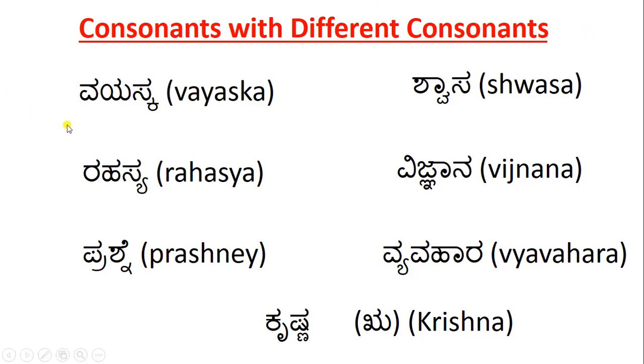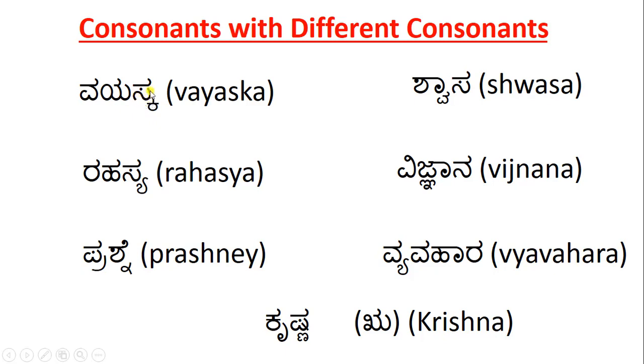The first example is Vayaska. Writing Vayaska is like this: V-A-Y-A-S-K-A. Vayaska means aged. Now, if you see, these two words are simple words first. And if you see this, we have used a double consonant here.